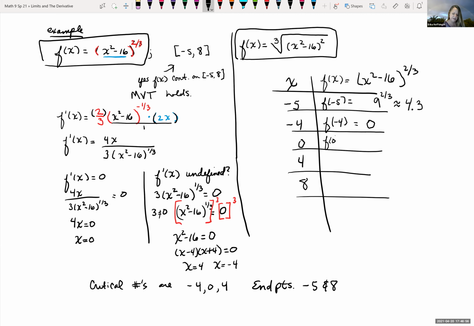Plug in 0 wherever you see an x. So 0 squared is 0 minus 16. So this is going to be negative 16 raised to the 2/3 power. If we do that, oops, it says error.